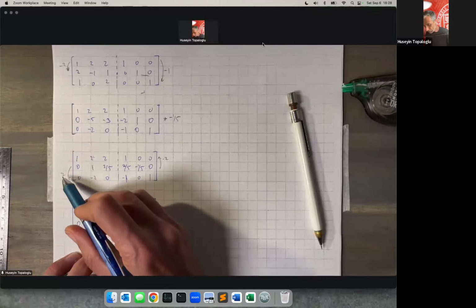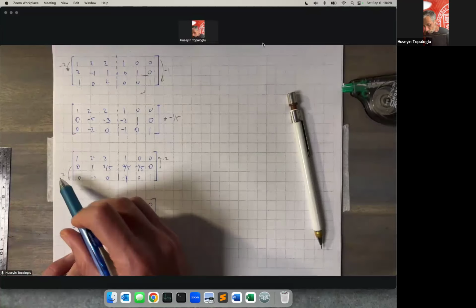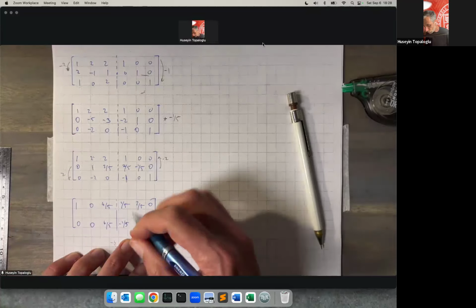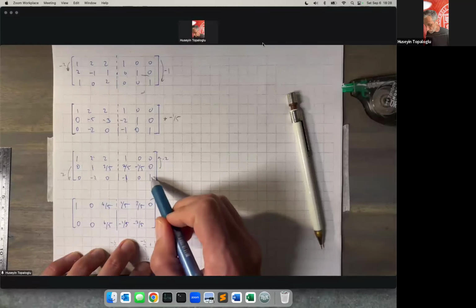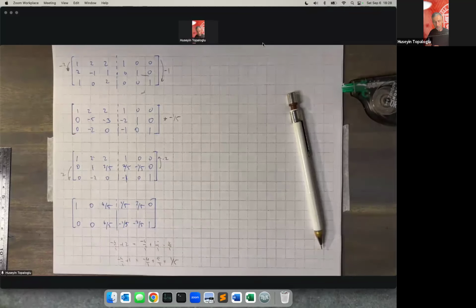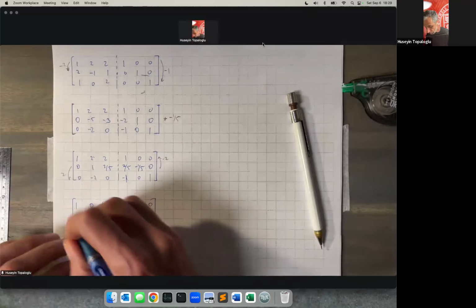Keep going. 2 times -1/5, minus 2/5. And lastly, 2 times 0, it's a 0, plus another 1. That's just a 1. And keep this row as it is.